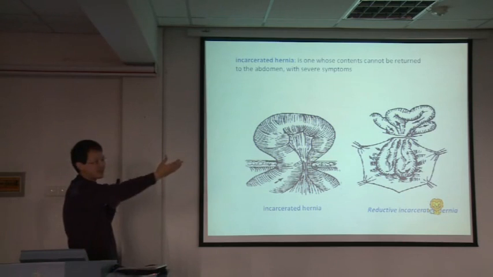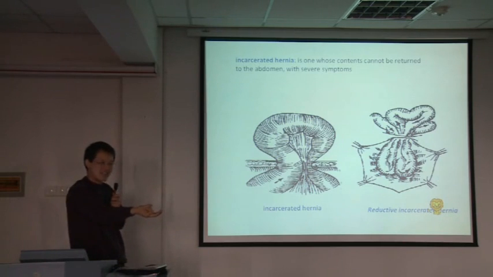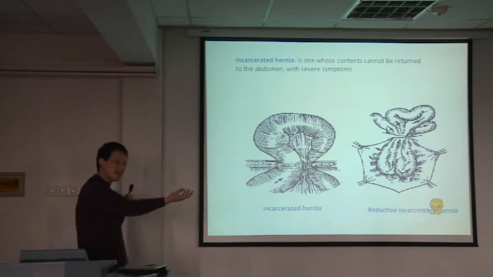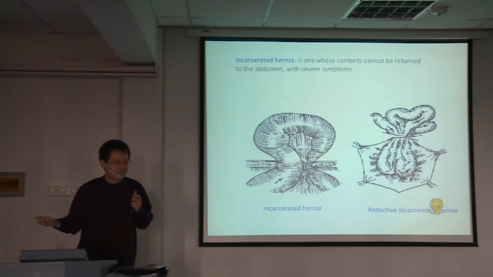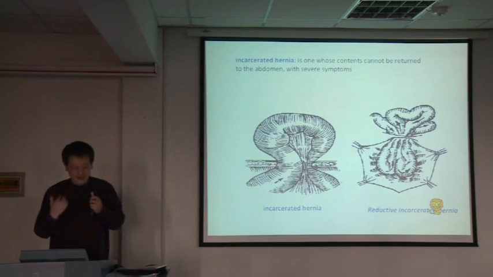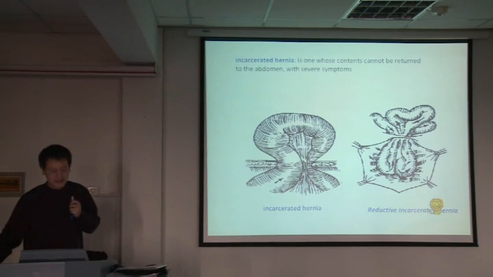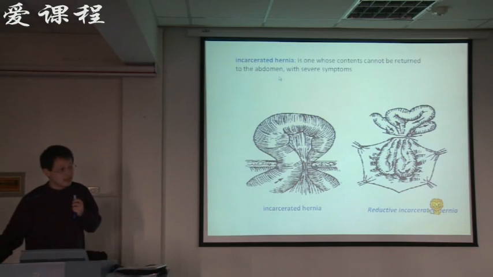They go out, but the neck of the sac is very small. When they go out, they cannot go back. So this is an incarcerated hernia. It means the contents cannot be returned to the abdomen and cause symptoms.